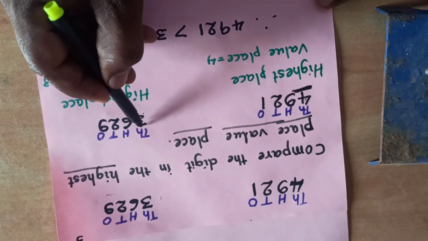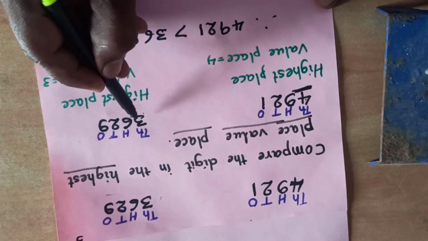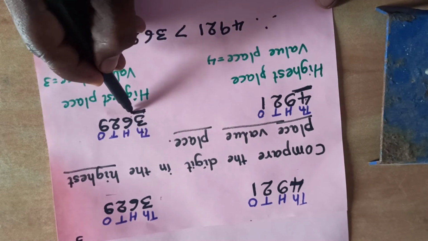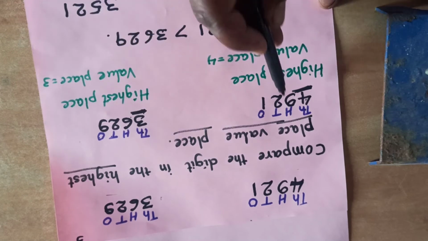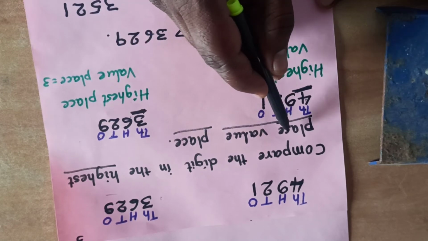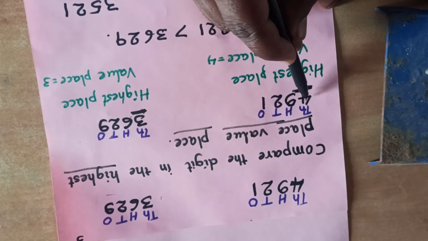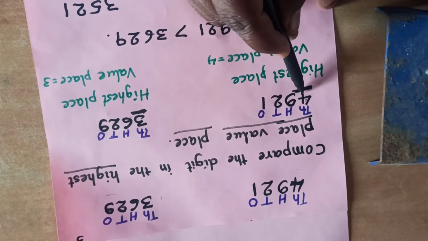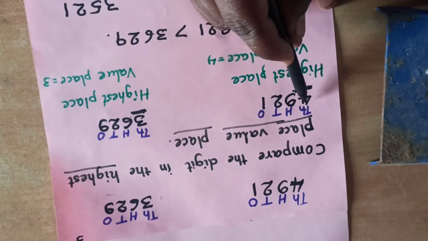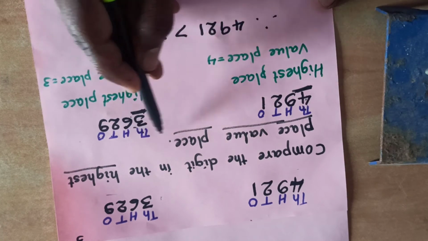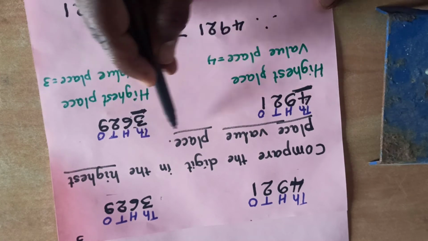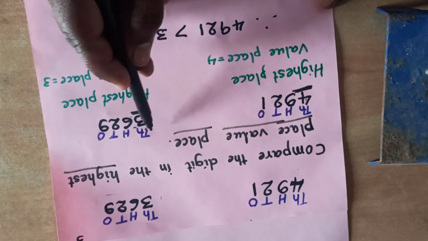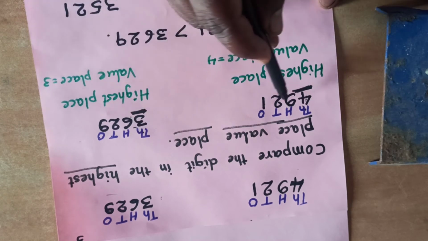In this number the thousands place digit is 4, and in this number the thousands place digit is 3. Compare the digit in the highest place value, that is thousands. The highest place value is thousands in both numbers.